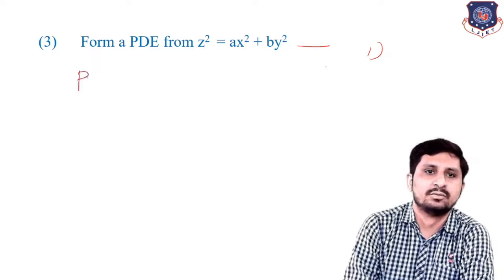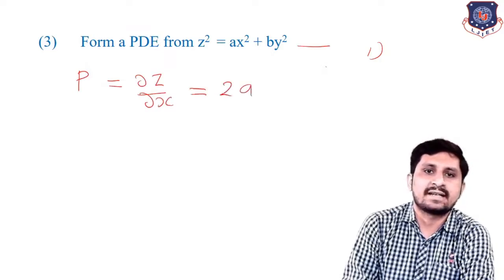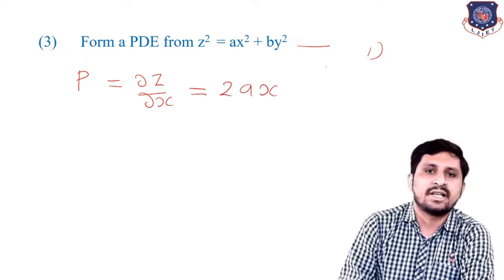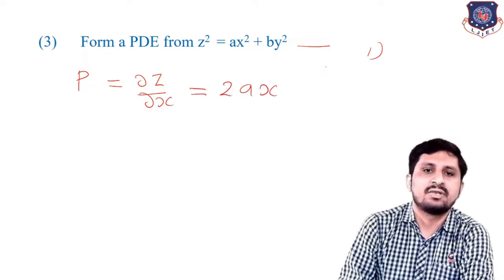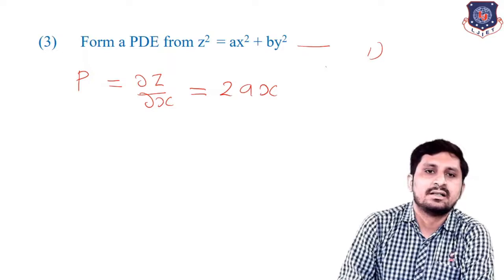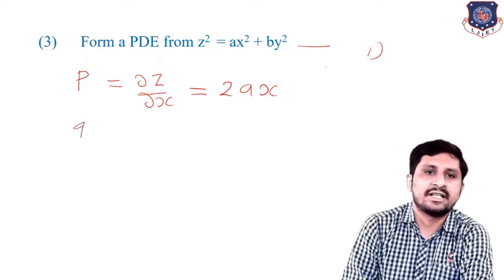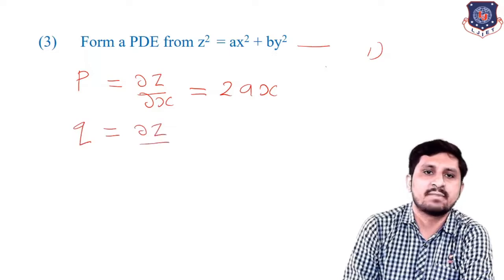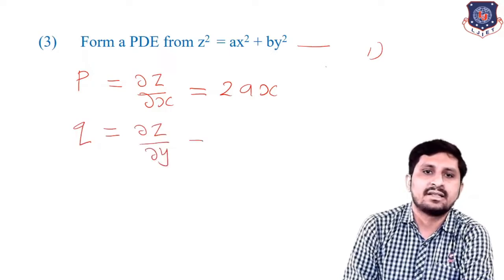So P is equal to, don't forget P is nothing but del Z by del X. So P is equal to 2ax, differentiation of ax square, that is equal to 2ax, and Q is equal to, when you are taking partial differentiation with respect to y, so Q is equal to del Z by del Y, that is equal to 2by.